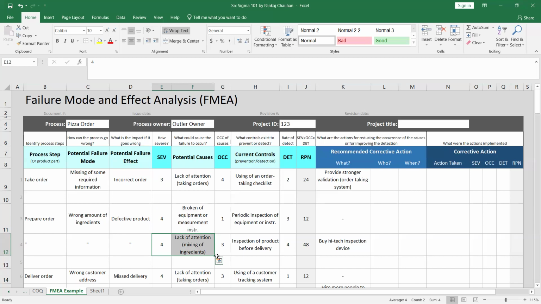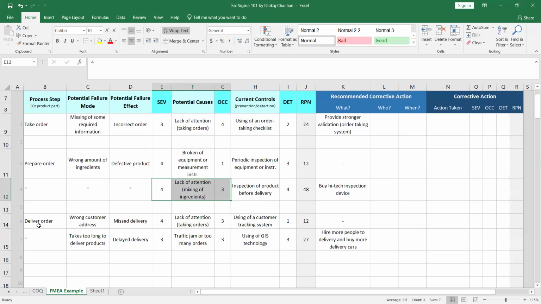So what are the chances of the wrong amount of ingredient being added, turning into a defective product, because of broken equipment or measurement? We do regular measurement, regular maintenance. So the probability of broken equipment is very low. On a scale of 1 to 5, I'm giving it a 1. But there is a higher chance of lack of attention when mixing the ingredients, there is a possibility.